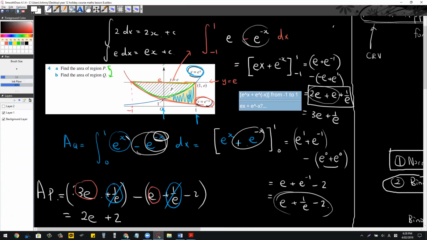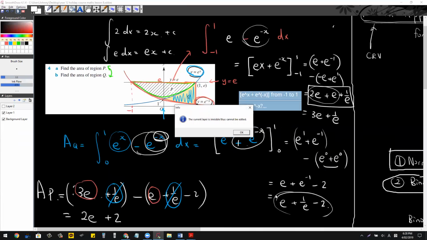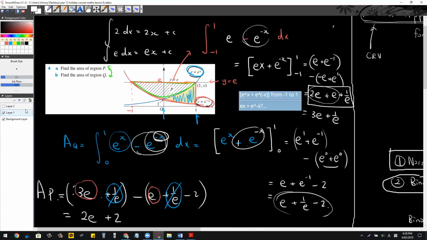Zero to 1, e^x minus e. Yep, that's right. Plug in 1 and 0, minus 2, e plus 1 on e. You guys can let me know if you see any mistakes. So I believe this is definitely the area of Q.